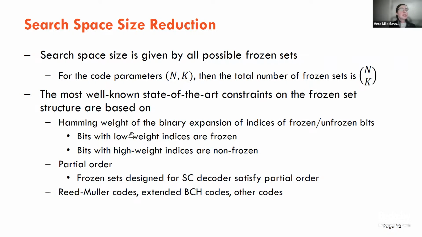Then there is also partial order. Partial order imposes constraints which are especially valuable for the successive cancellation decoder, but if there is some list decoder, then it is less optimal. And we also have Reed-Muller codes, extended BCH codes, and other classical codes that can be used to impose constraints on the polar code structure.